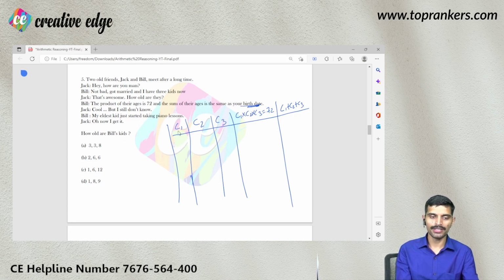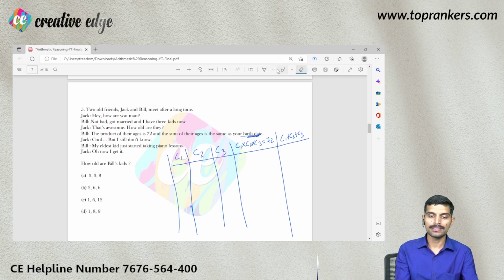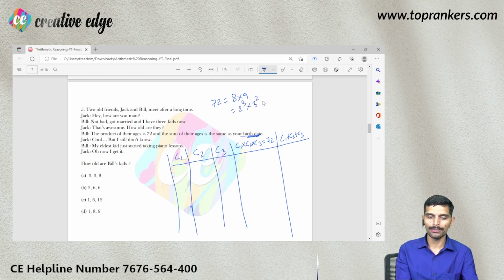No problem. Let's try to find the factors of 72. So 72 has to be factorized in a manner that it has three factors, right? So 72, if we write it, is 8 into 9. If you further break it, it is 2 to the power 3 into 3 to the power 2 into 1.